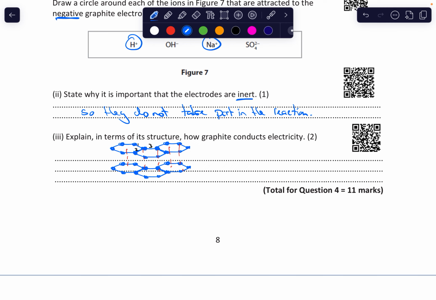So what we need to say here is it contains delocalized electrons which are free to move. And marks wise, 1 mark for each of those 2 sentences.